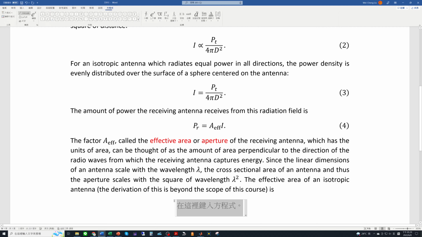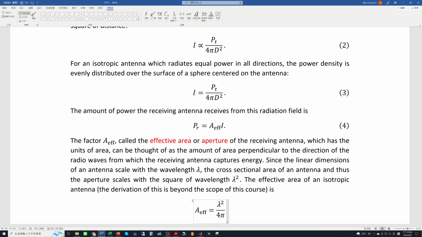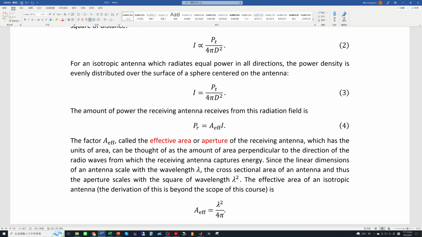So let us see. A_eff is equal to lambda squared over 4 pi, and this is equation 5.